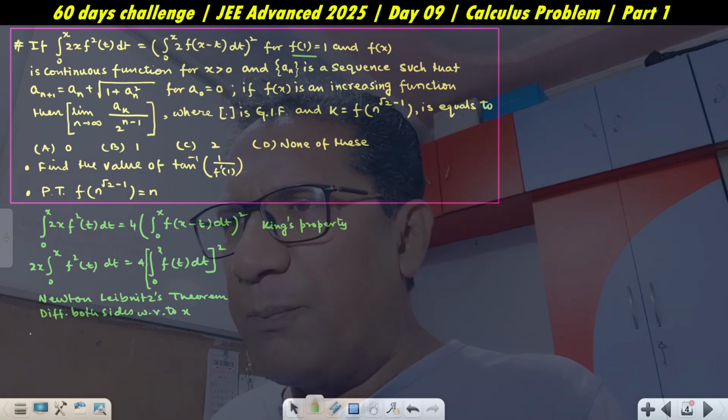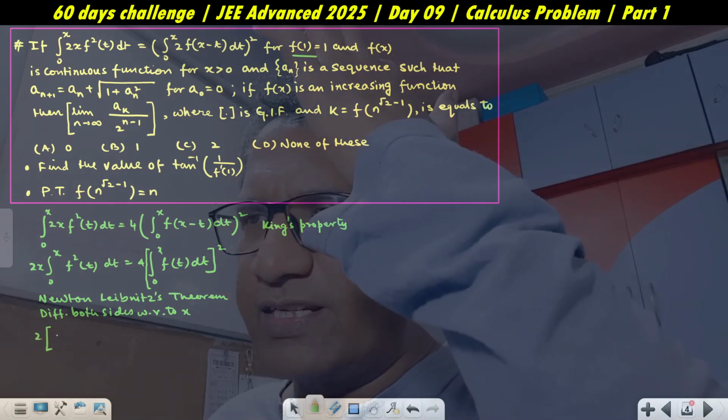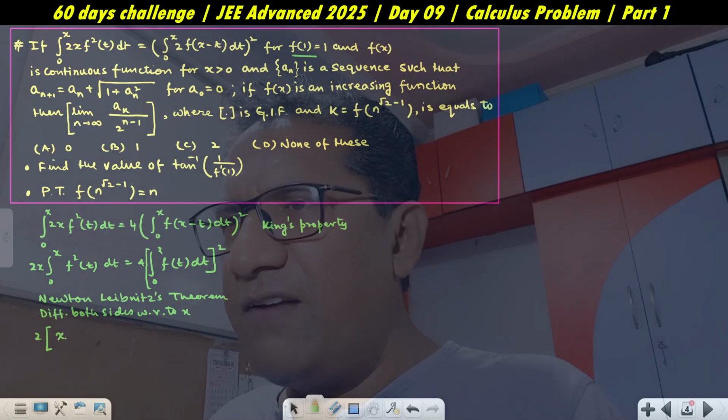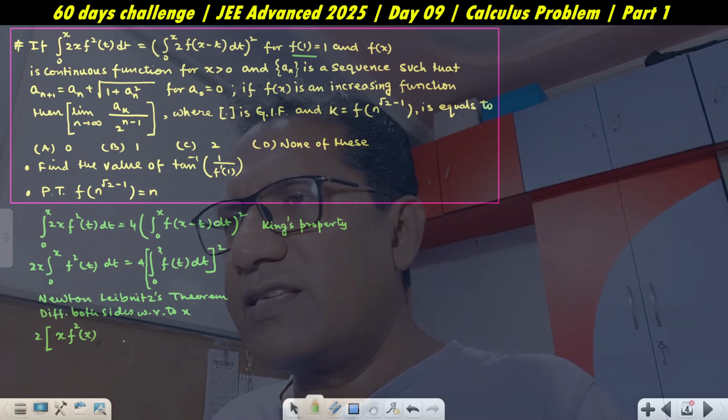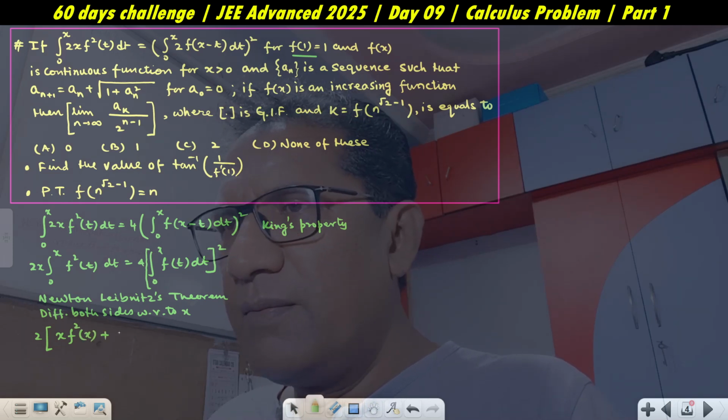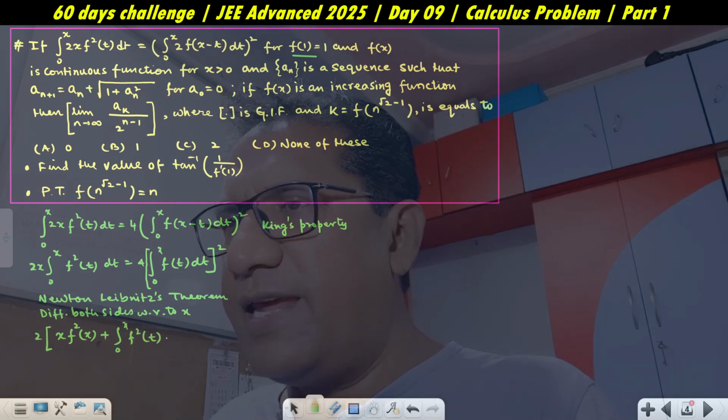This is basically a product rule. So first function constant, integration of the second function, d/dx of the second function, I'm sorry. So this is f squared x plus the integral from 0 to x of f squared t dt.